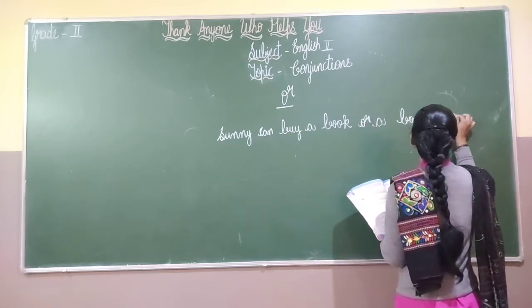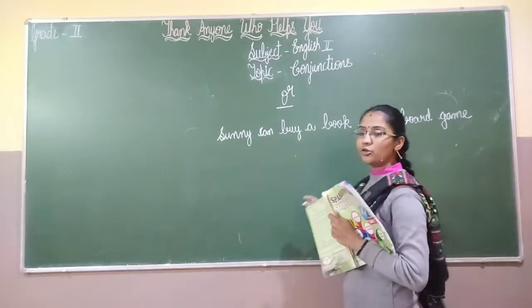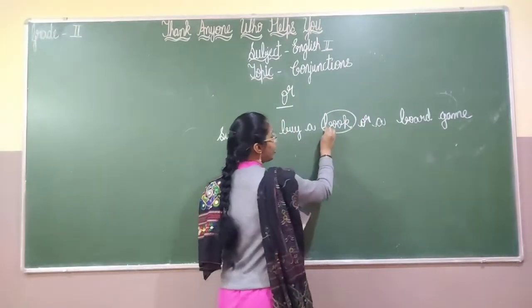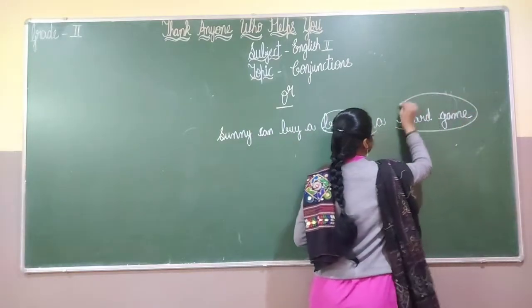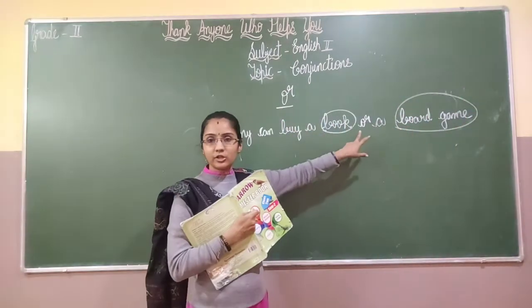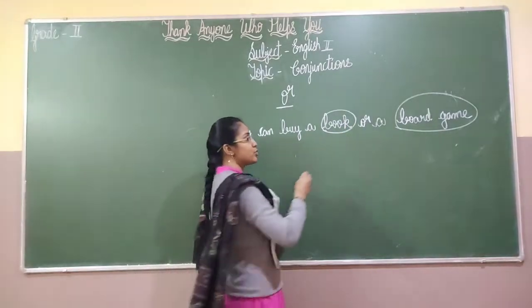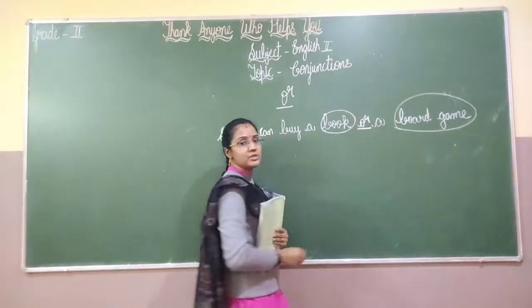So when there is a choice of two, we are going to use this "or". So either he needs to buy this book or he needs to select this. He needs to choose any one. So then in a sentence we are going to use what, children? We are going to use this "or".